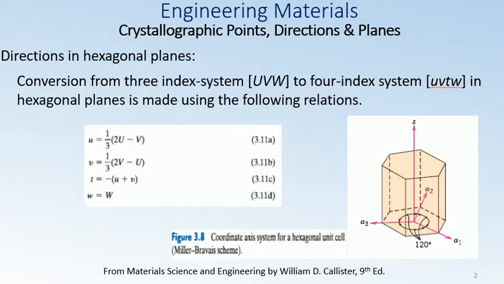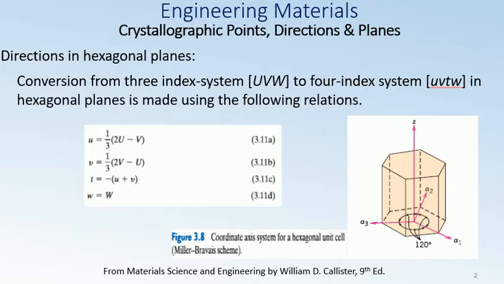You see the fourth coordinate, the z coordinate, is just similar to the earlier w coordinate in the 3-index system, but you determine u and v, the first two coordinates that are in the hexagonal base or bottom, and then you determine the third coordinate with respect to the sum of the first two coordinates.